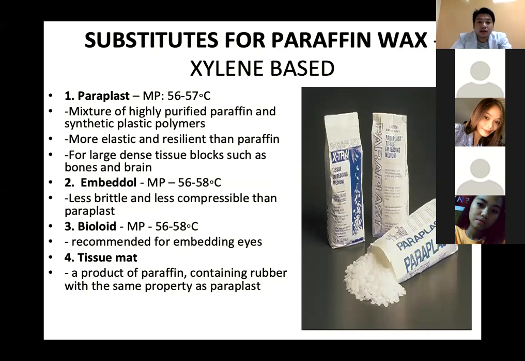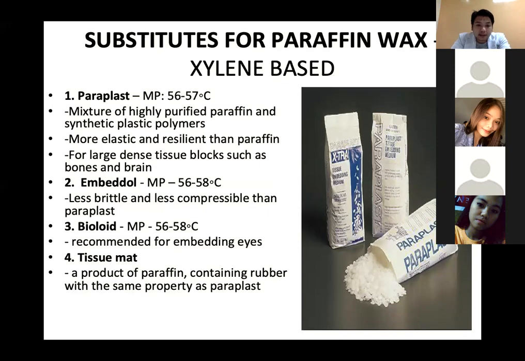Embedol, melting point 56 to 58 degrees Celsius, less brittle and less compressible than Paraplast. Bioloid, 56 to 58, recommended for embedding ice. Okay. If the specimen is ice, you use Bioloid.